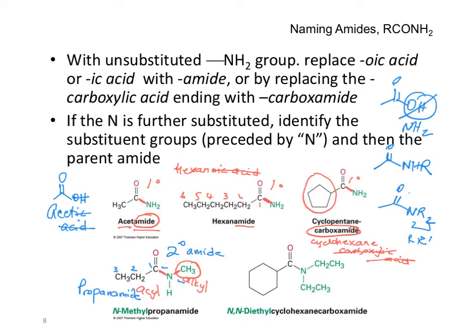And notice the use of the N. I'm going to call it N-methyl in order to signify that this methyl group is connected to your nitrogen atom. So the name becomes N-methyl propanamide.